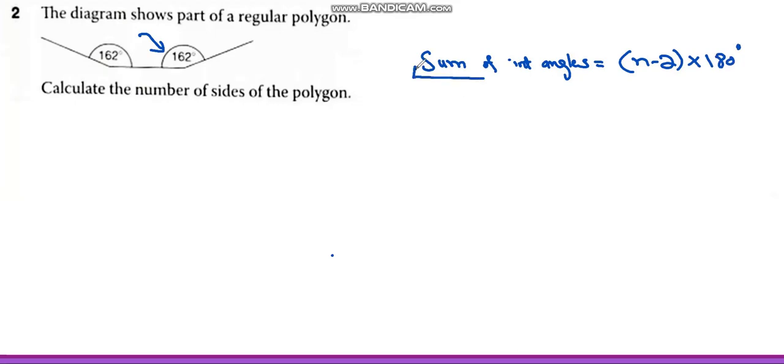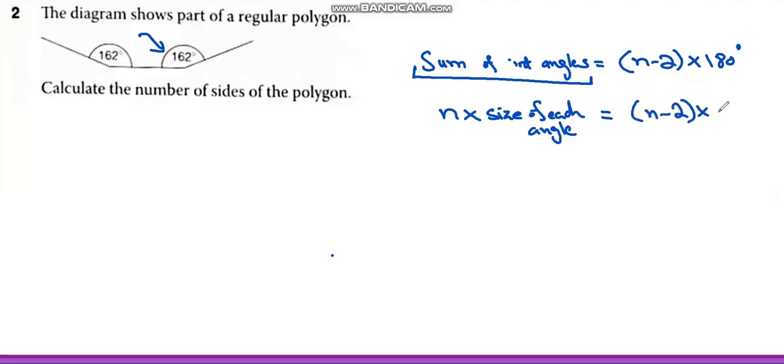We can change this formula a bit: the sum of interior angles can also be found by multiplying the number of sides with the size of each angle. So we rewrite the sum of interior angles as n times the size of each angle.